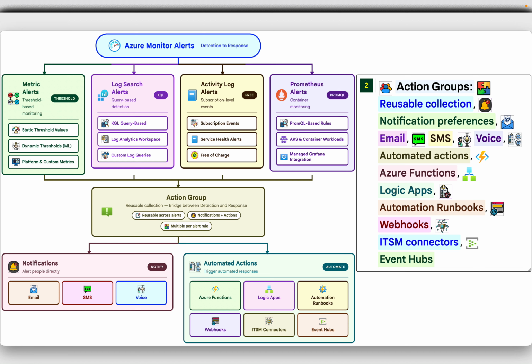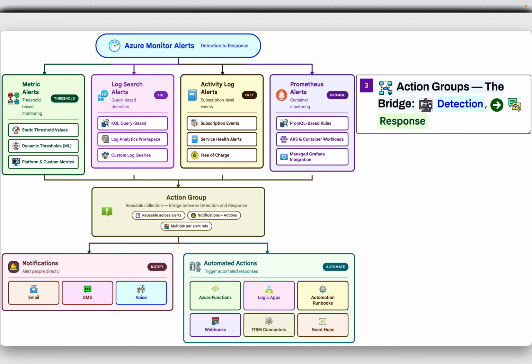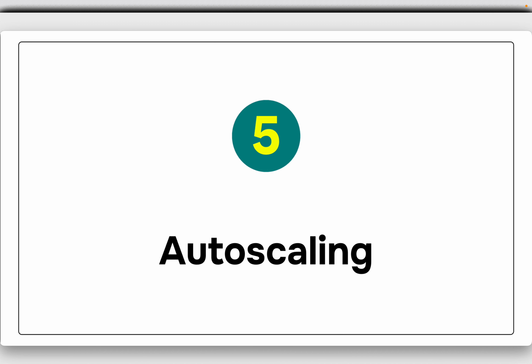Action groups can be shared across multiple alert rules. Action groups are the bridge between detection and response. Every alert rule connects to an action group, which makes them the central link that turns a detected condition into a notification or an automated action.